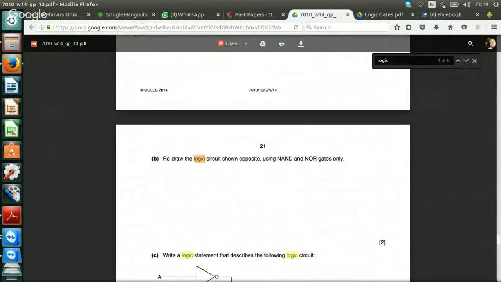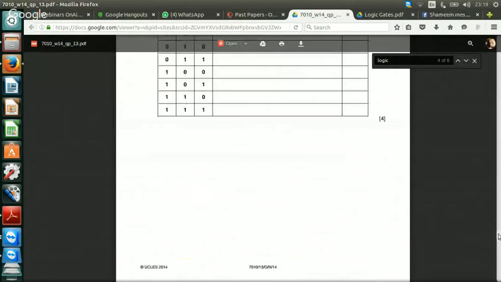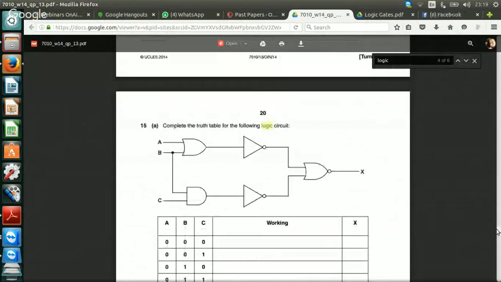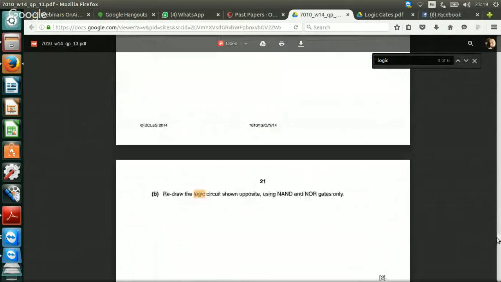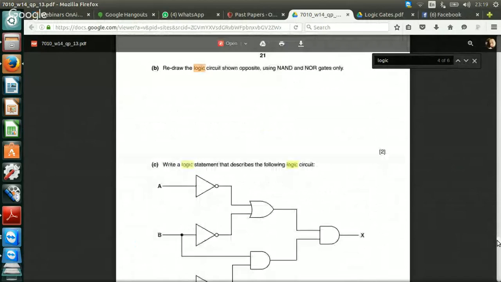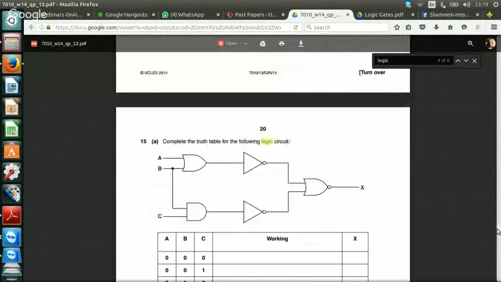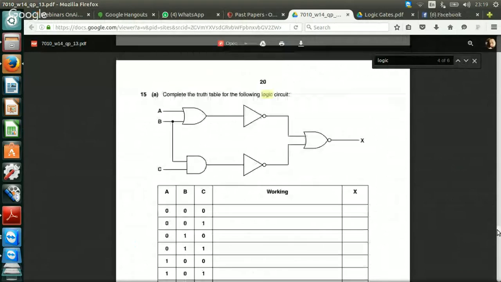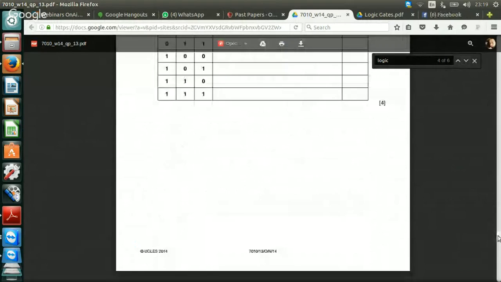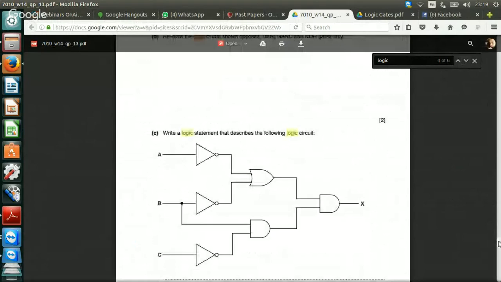Wow, this is a good question. So this is a logic gate. You just have to use NAND and NOR gates only, and you have to redraw this whole circuit. Do you know how to do that? This is pretty easy because NAND and NOR gates are basically known as the universal gates. But we're going to cover this topic later. Let's get to the dry running and the whole thing.